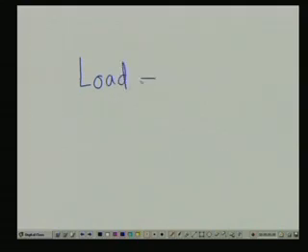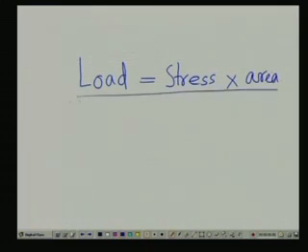Load equals stress into area, that we have learned, isn't it? Very roughly, we understand that load means a certain amount of stress into area.